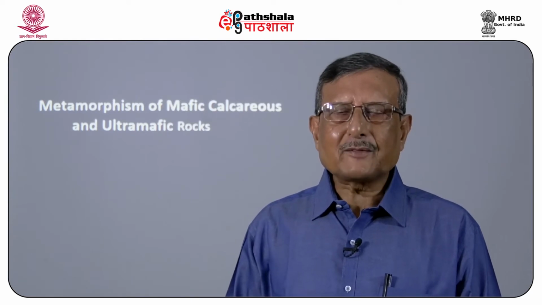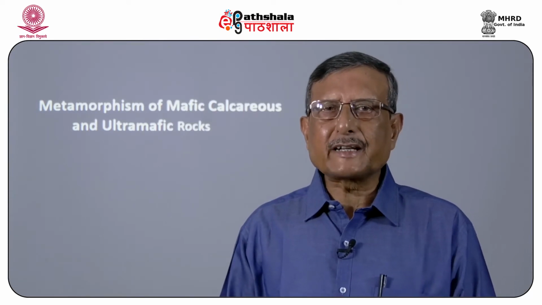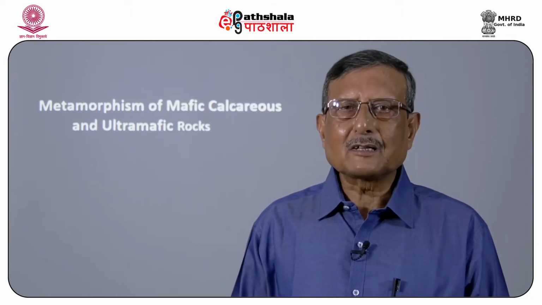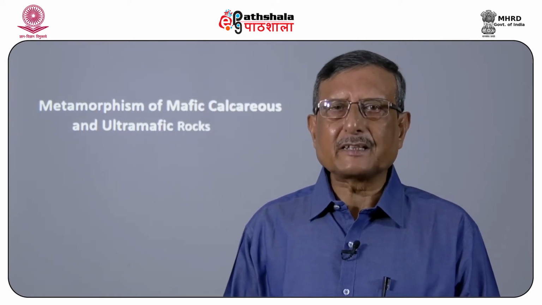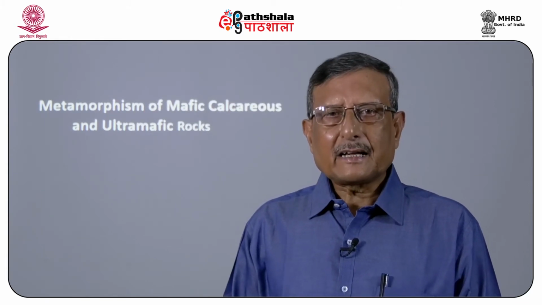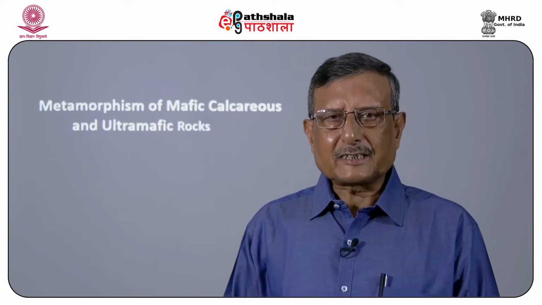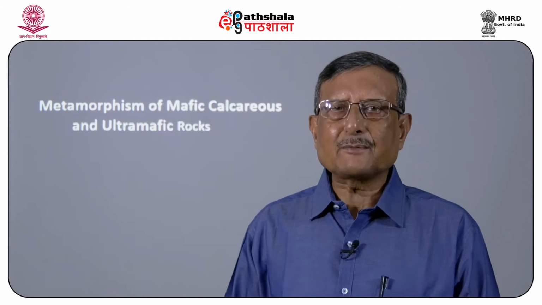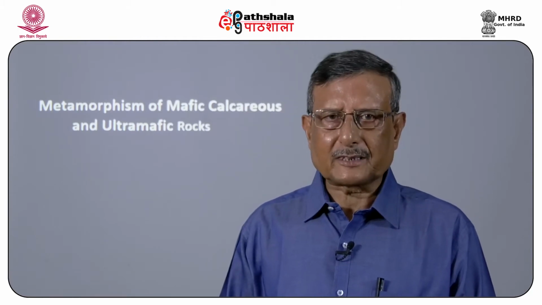Now, you might have heard about greenstones occurring in Archean cratons. These are nothing but greenschist facies mafic igneous rocks. At the entry into the amphibolite facies, often we get a transitional facies which we call albite epidote amphibolite facies.